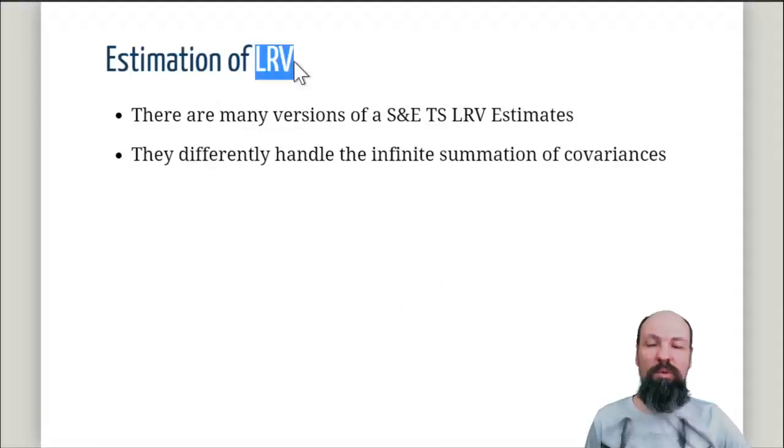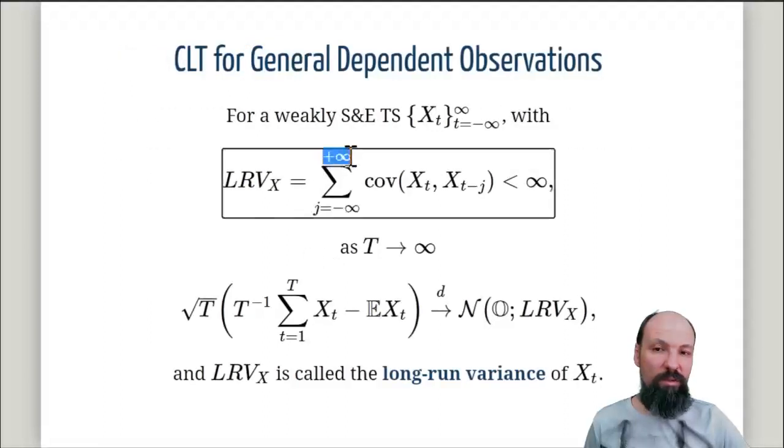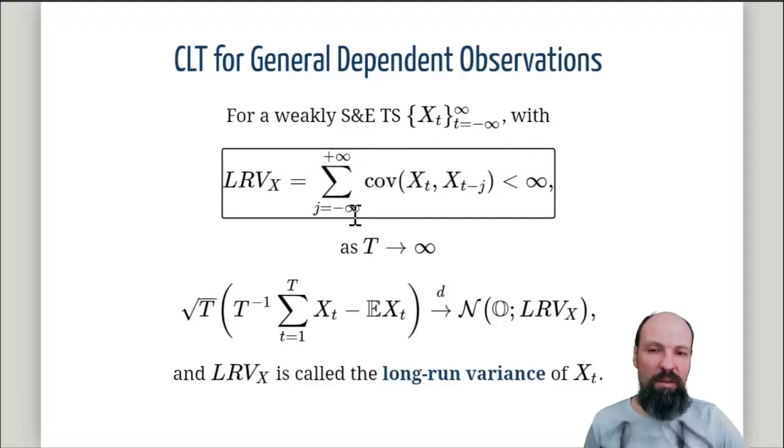But we need to be able to estimate the long-run variance, of course. And the key idea is to learn to deal with this infinite summation. Basically, these approaches are all based on the assumption that the process is not just stationary, but also ergodic. When you go to infinity in j, the dependence between those things should disappear, should decay.